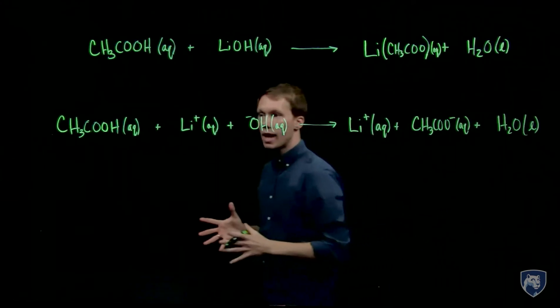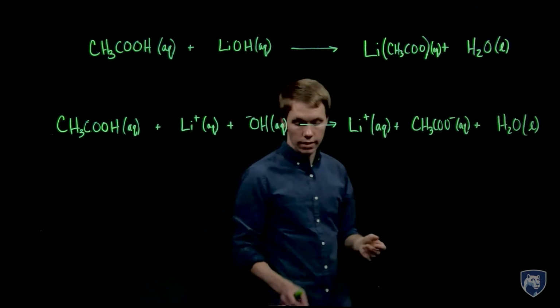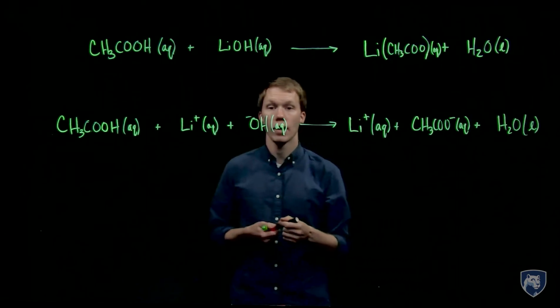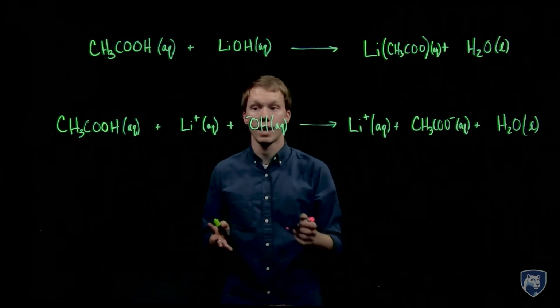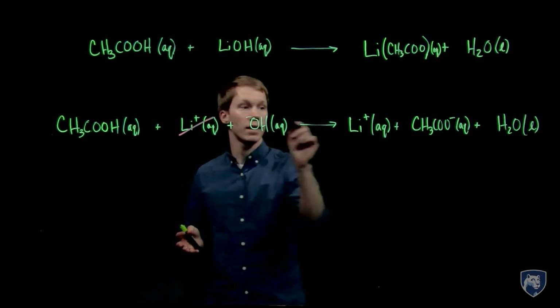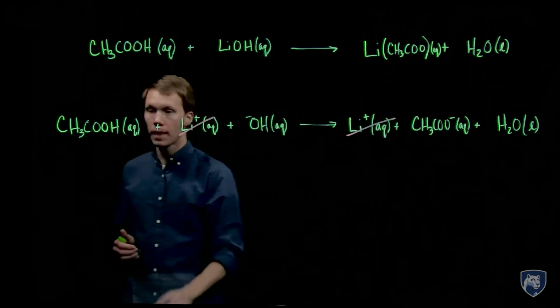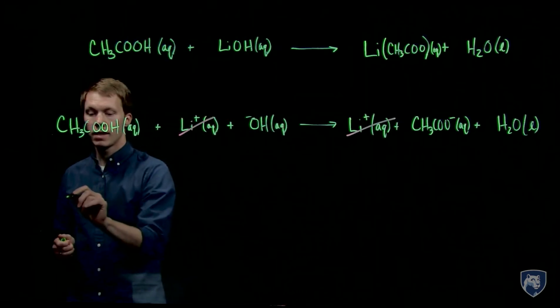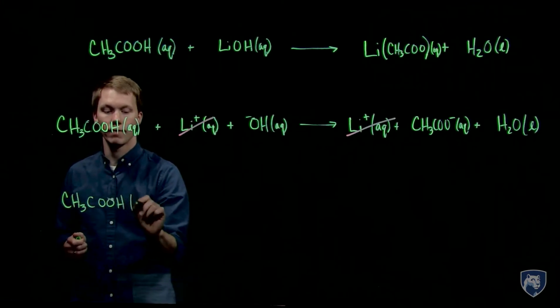Okay, so this is my complete ionic equation. The third step is going to be the same as we've seen before, where we eliminate spectators, those ions that appear on both sides. So I have lithium as the only spectator in this particular example. We would remove that to give the net ionic equation.